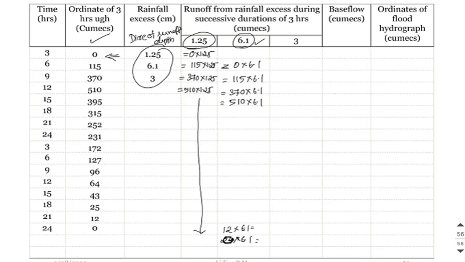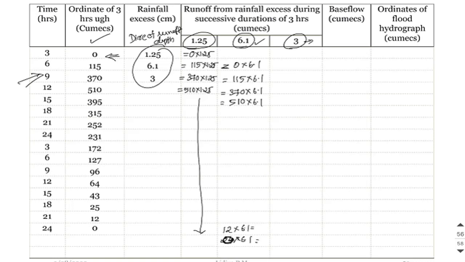Then next, in the third 3 hours, there is an excess rainfall of 3 centimeter. So what is the direct runoff ordinate due to this direct runoff depth of 3 centimeter excess rainfall?